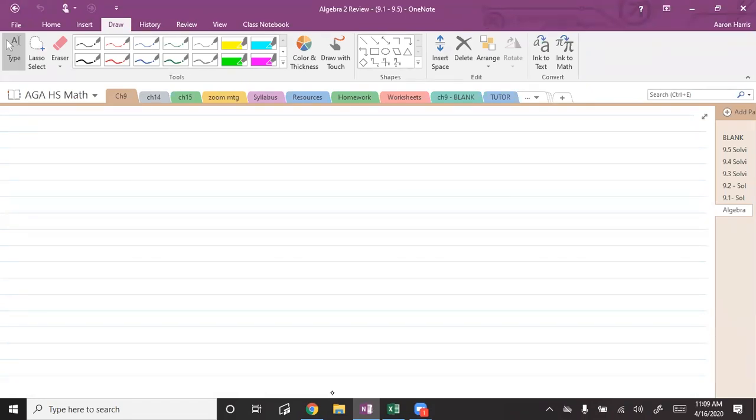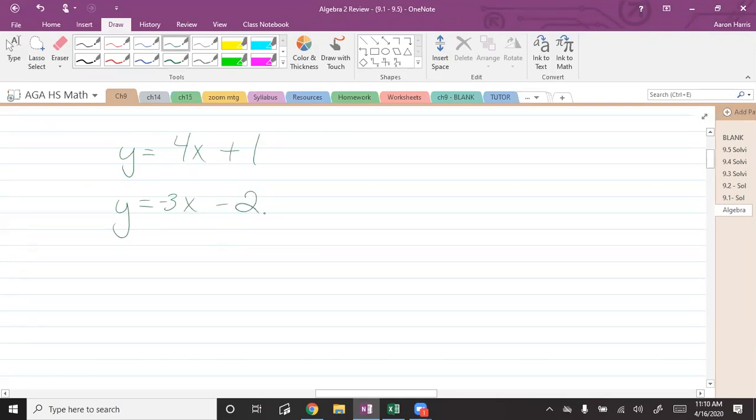All right, so I'm gonna create a problem. y equals 4x plus 1. y equals negative 3x minus 2. Okay, so this is our system. This system is in what format?